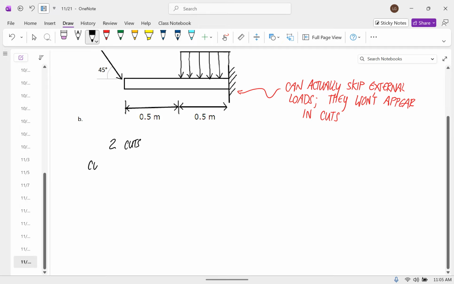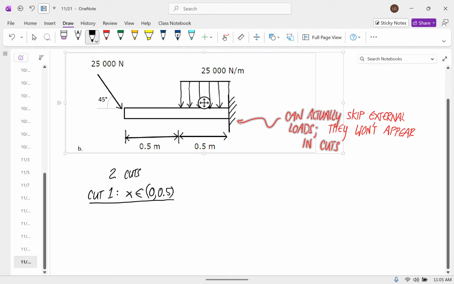And so cut 1 is going to be for x values between 0 and 0.5. But would it be negative, if you're going to the left from the wall? We're always going to start at the left and work to the right. So this is our x equals 0 over here on the left. Professor?